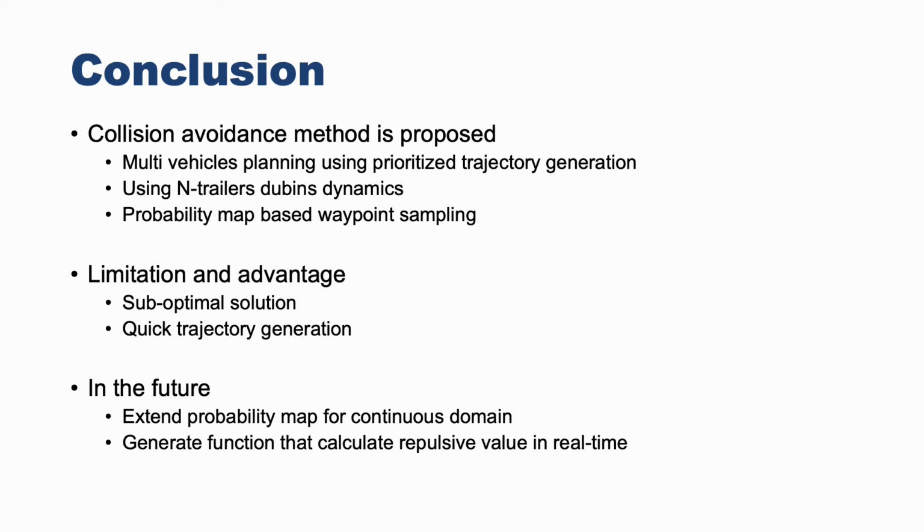The probability map-based sampling method is proposed to select appropriate waypoints using the potential field function. We propose the probability map such that the probability in the middle section between initial and destination is high, while allowing exploration in other regions when there are no feasible solutions.